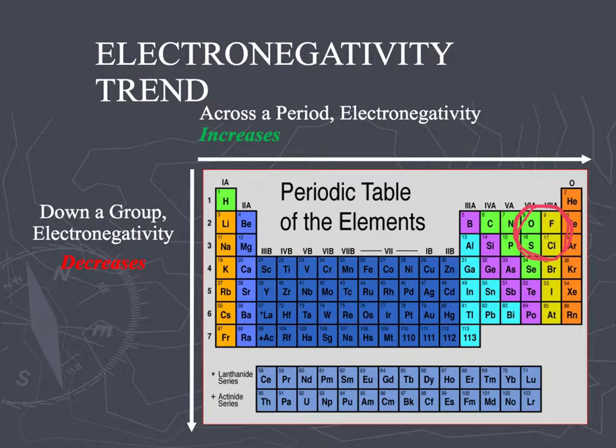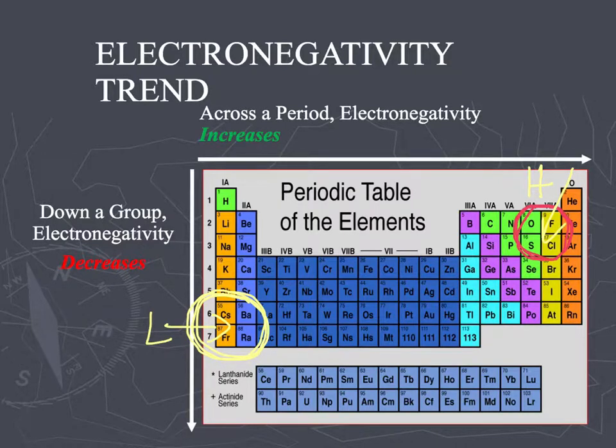And then the elements that don't want to acquire any electrons, the least ones, are here. So those are the two opposite ends of the spectrum. These elements have the highest desire to acquire electrons, and these elements have the lowest desire to acquire electrons.